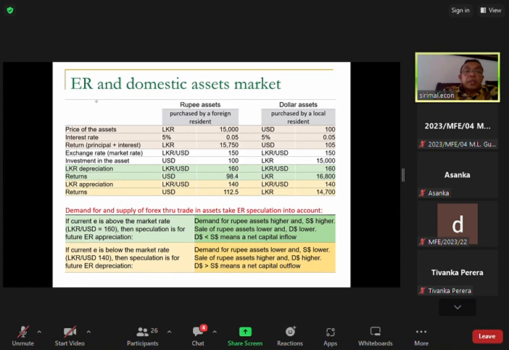Now, if you look at the exchange rate movements, what is the more stable and long-term foreign exchange source? Trade, international trade. Unfortunately, we haven't done that.